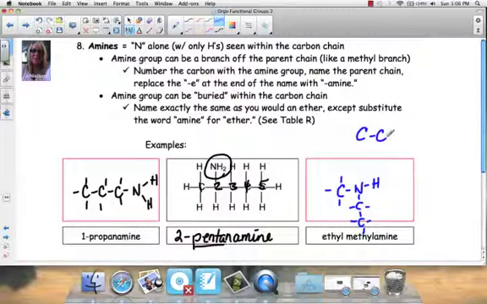They drew it like this, which is really the same thing as what I drew. I just bent the chain.